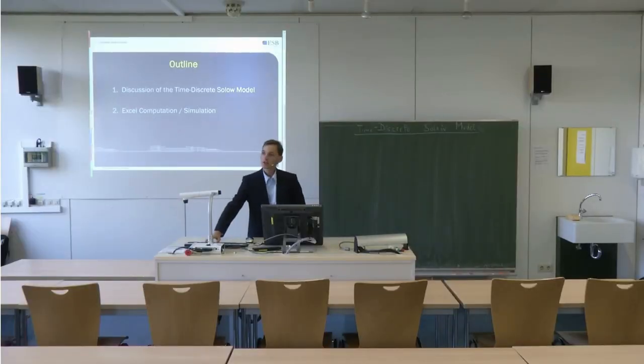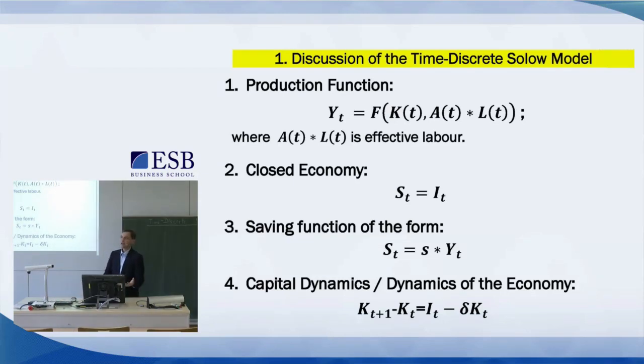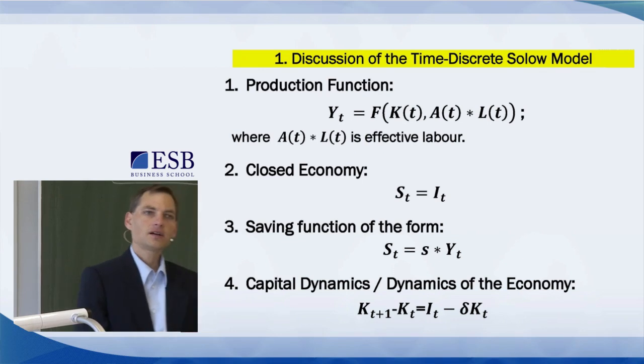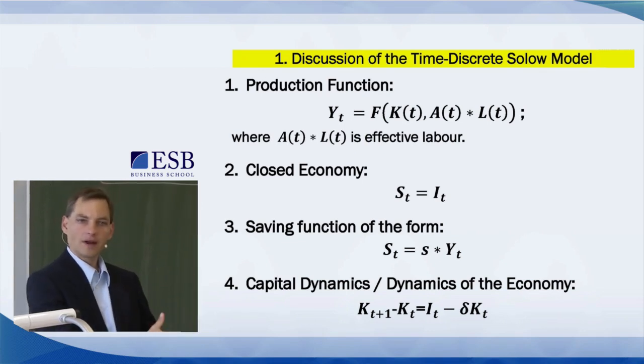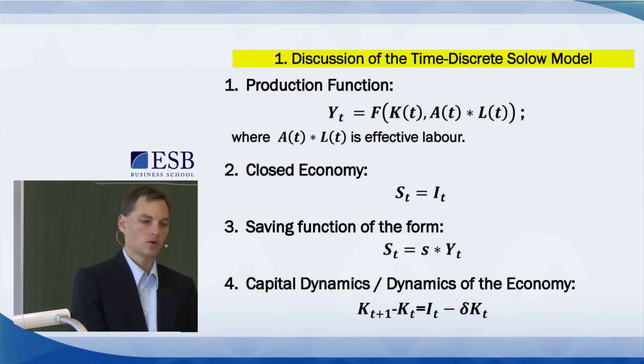So let me start with the first part, which is once again thinking about what the building blocks of the time discrete Solow model are. And as you can see from this slide, the four building blocks here are very similar to the building blocks and the assumptions we already used for the continuous time Solow model.